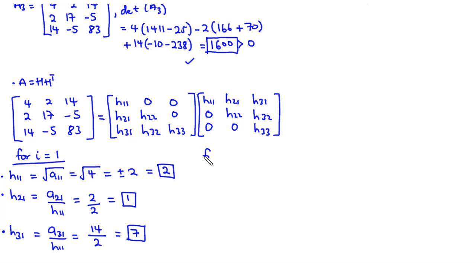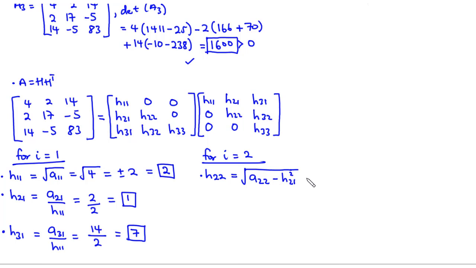So for i equals 2, we are going to find the element H22. From the formula for HKK, for H22, we are going to have the square root of A22 minus H21 squared.